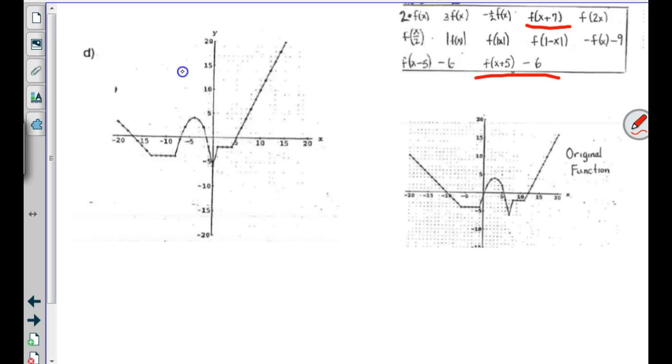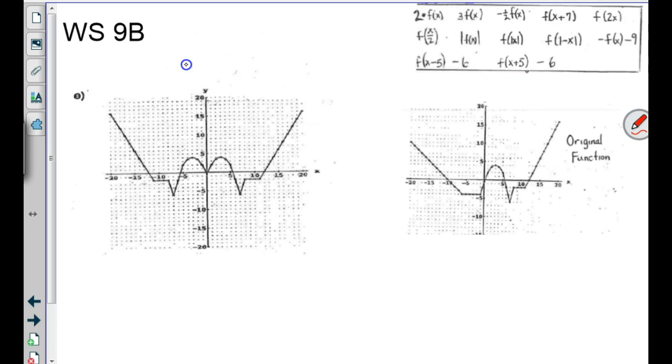All right, E. Which half is missing? They cut off this left half and then did what? Yeah, reflected. What is that called? It's one of the absolute value ones.